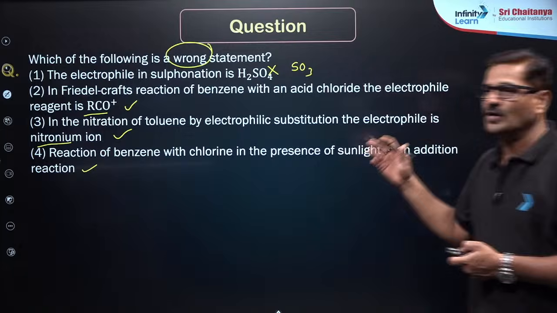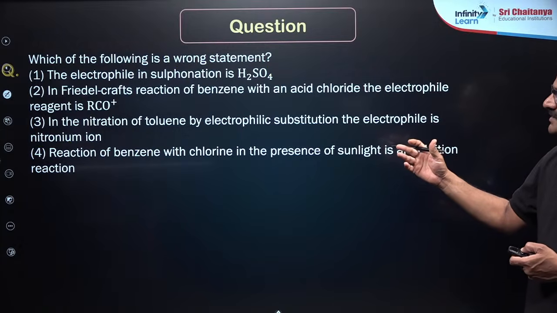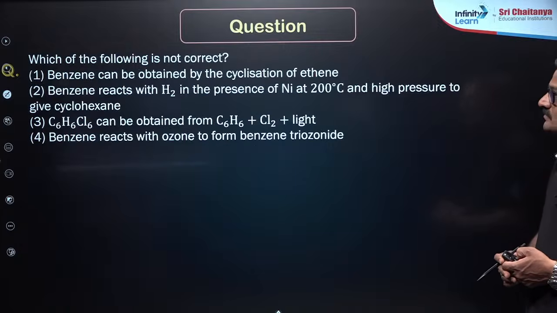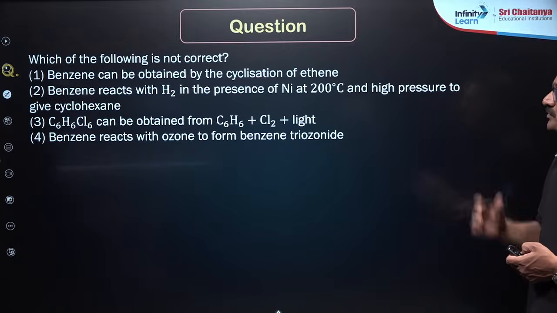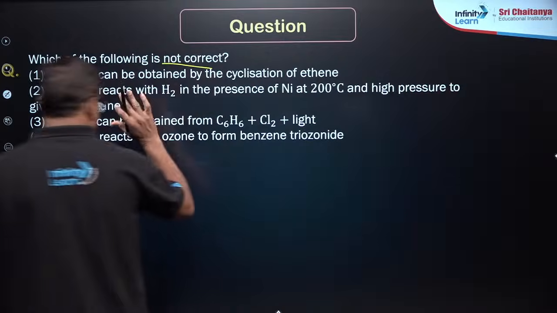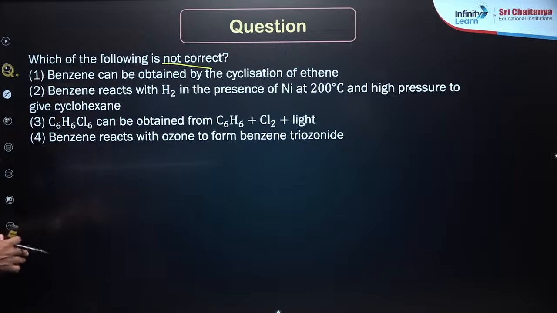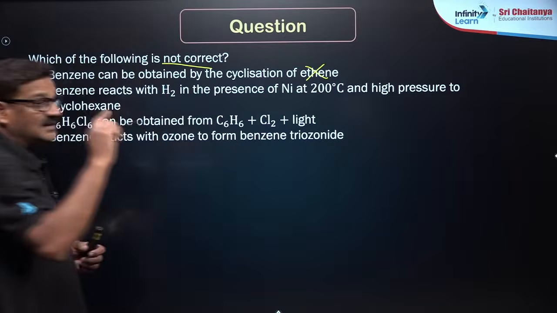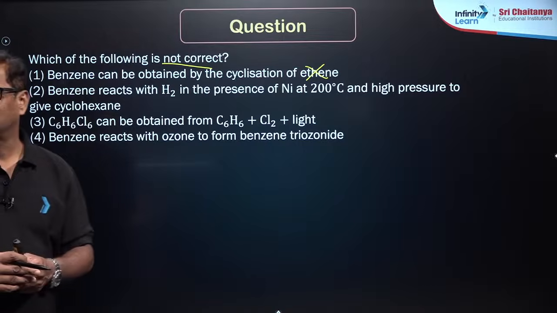Now one more. The question is coming like this. Which of the following is not correct? So benzene can be obtained by the cyclization of ethene, wrong. It will be ethyne, right?